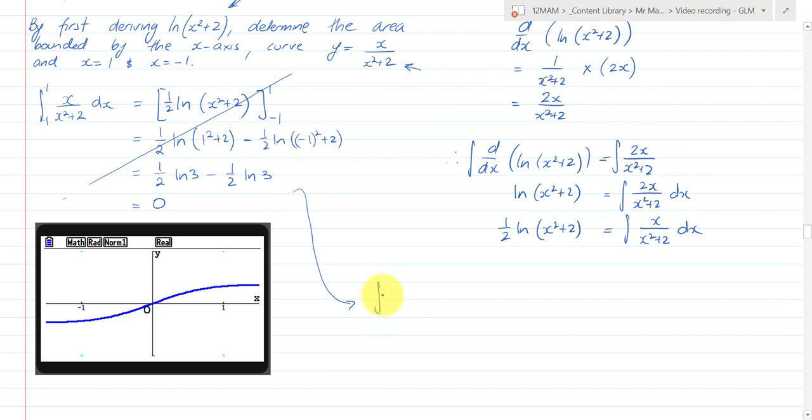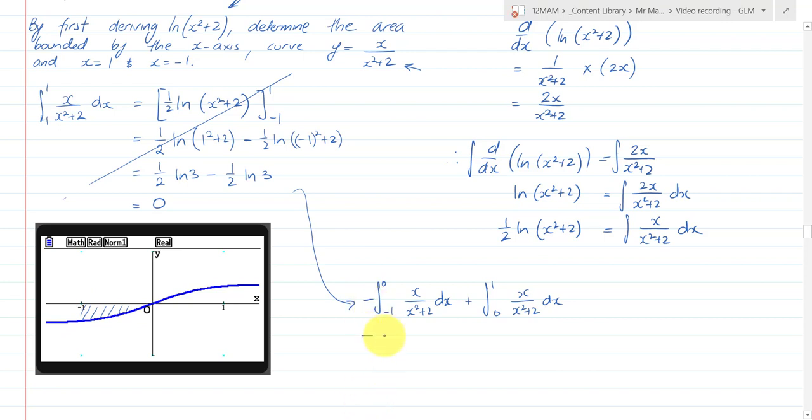So I'm going to calculate the integral from 0 to -1 of x over x squared plus 2 dx. And then I'm going to add to that the integral from 1 to 0 of x over x squared plus 2 dx. But I'm going to recognize that this integral here, this area, is negative, so I'm going to make it negative here.